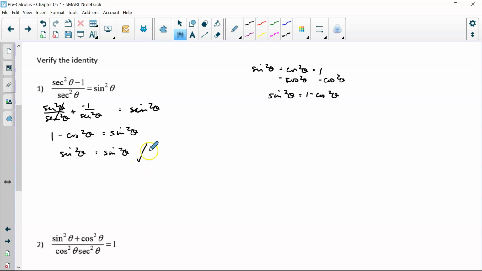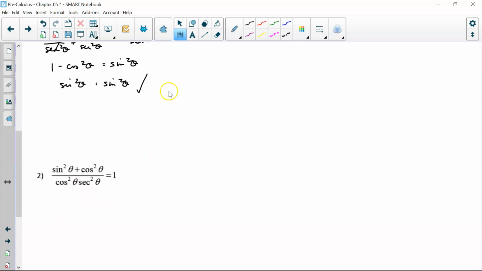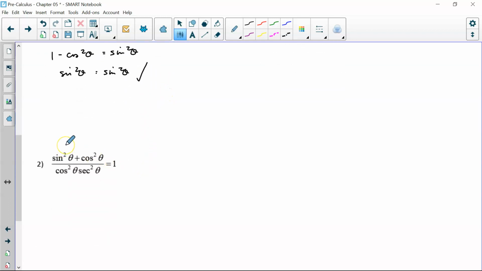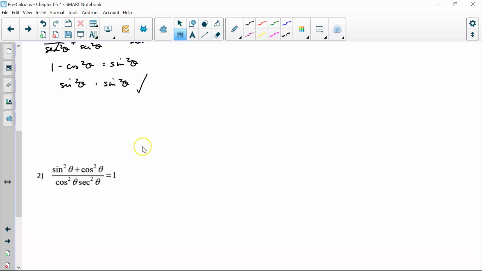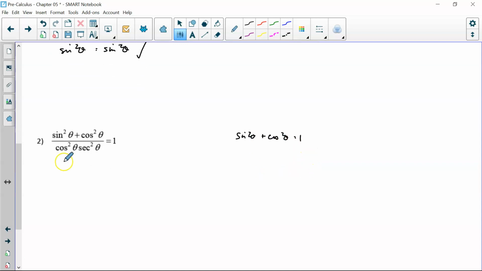Problem number 2. I want to work on the left-hand side. Now, sine squared theta plus cosine squared theta, we just saw that. Sine squared theta plus cosine squared theta equals 1. That's a Pythagorean identity. So what we can do is we can do 1 over cosine squared theta times secant squared theta equals 1. So I substituted 1 in place of sine squared plus cosine squared.